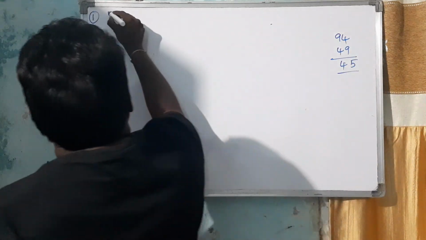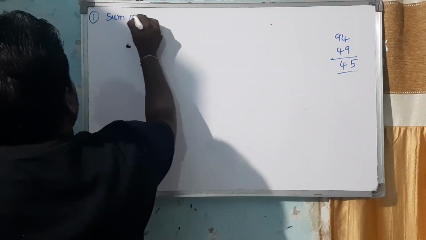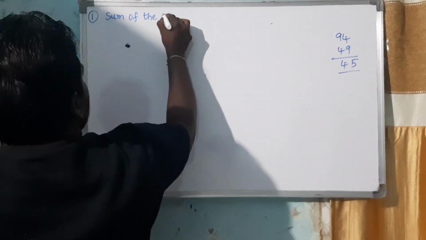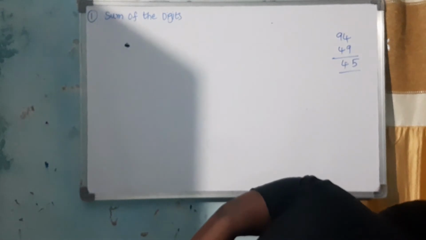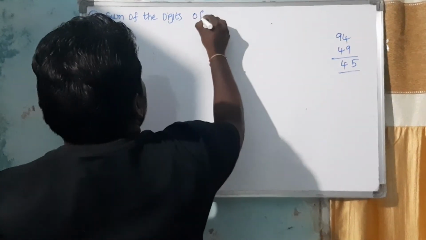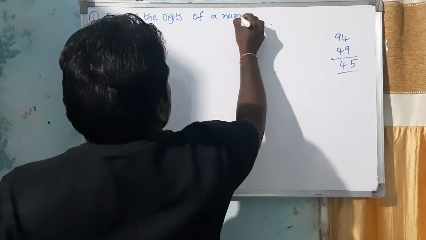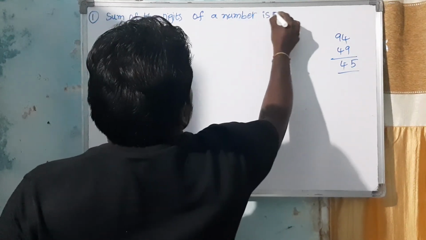Okay, sum of the digits of a number is 13.